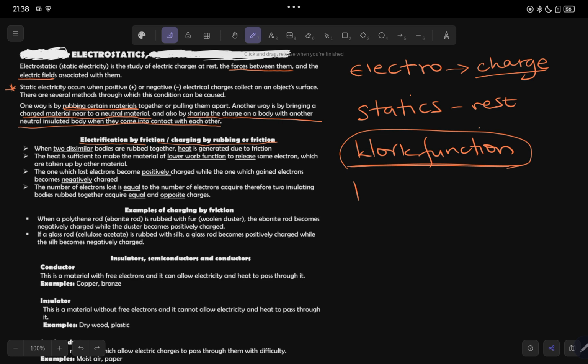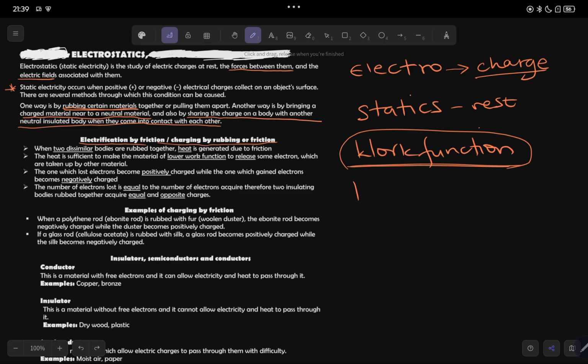The woolen duster has become positively charged because it has lost electrons. That means when you rub the woolen duster and polythene against one another, the polythene rod has a higher work function than the woolen duster. Therefore, the duster will lose electrons to the polythene rod.